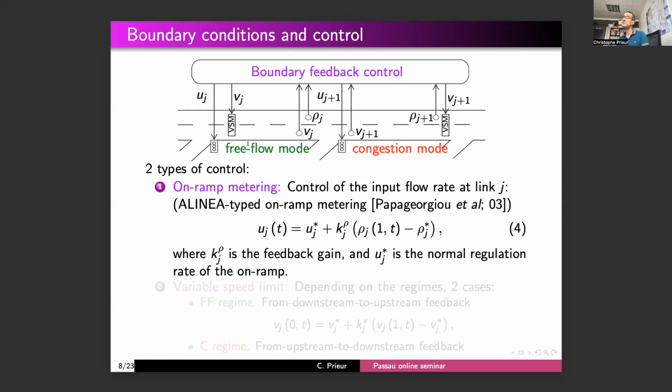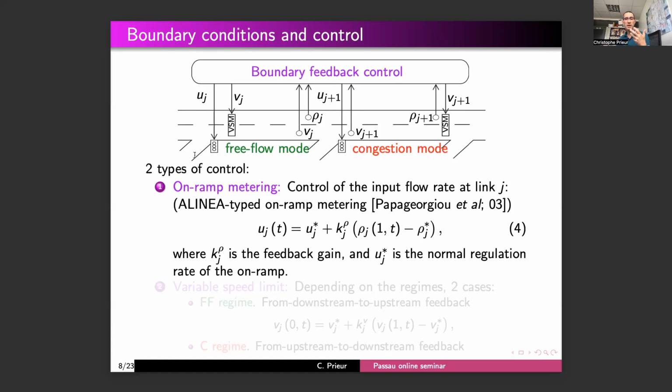So to be more specific, we will consider two types of controls. Since we have two velocities, one which is always positive and second one that could be either positive or negative, the first control is the same for any case, either congestion or free mode. So the first control is just onramp metering. It is given by this picture. It is just the u_j here.